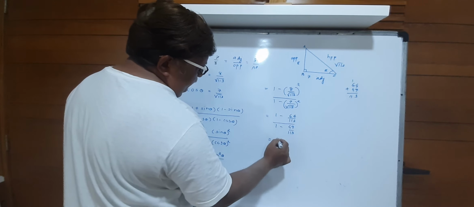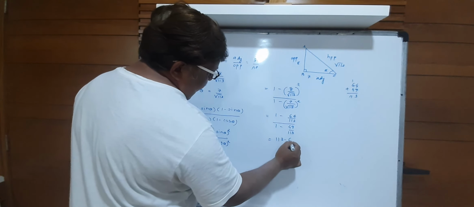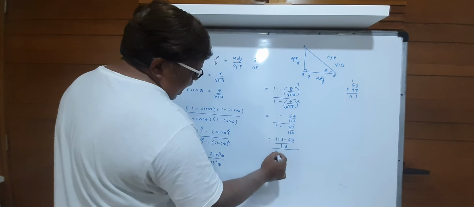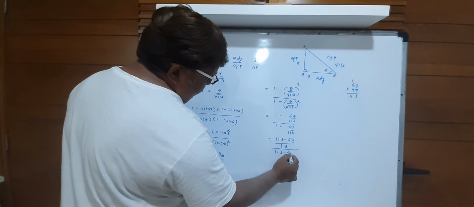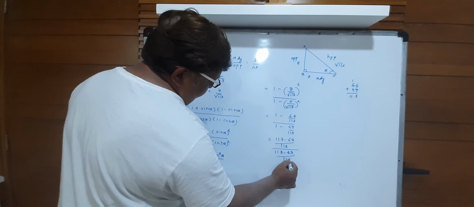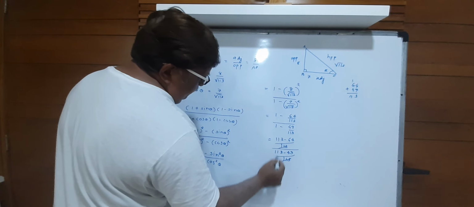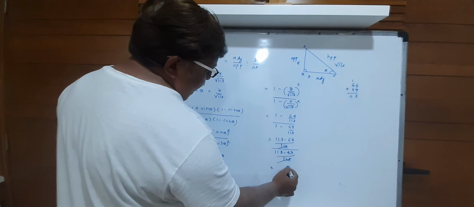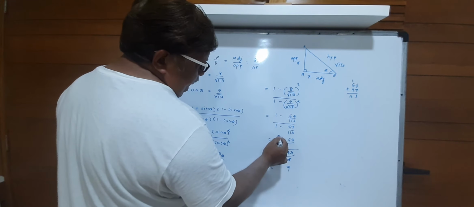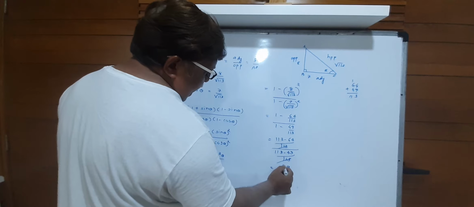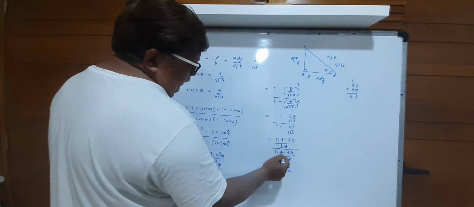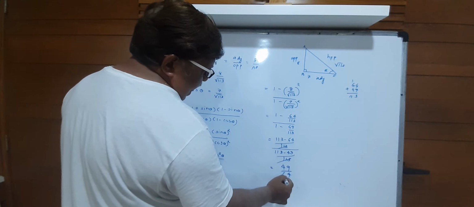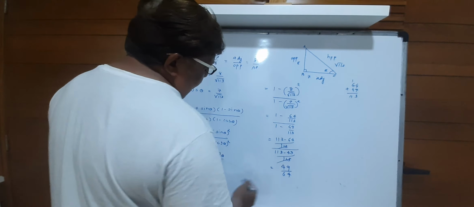LCM, first in here, 113 minus 64 upon 113, 113 minus 49 upon 113, this 113 is cancelled. 113 minus 49 is 64, and 113 minus 64 is 49. So this is the answer you got: 49 upon 64.